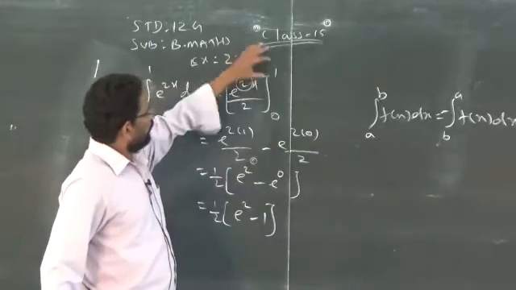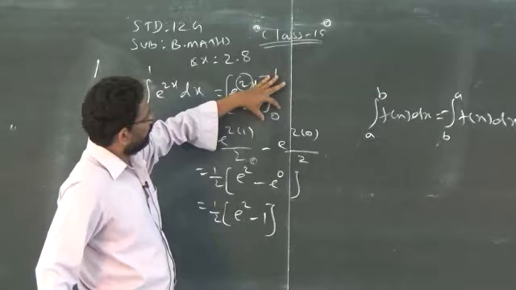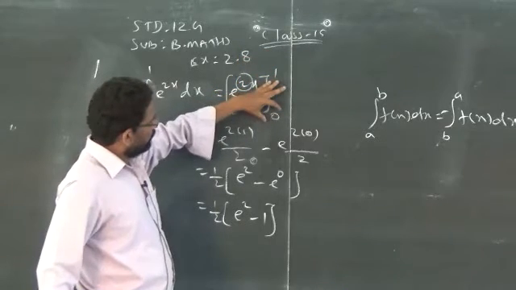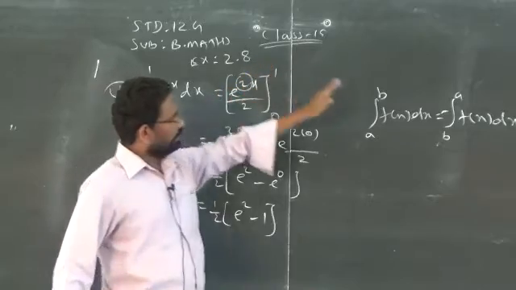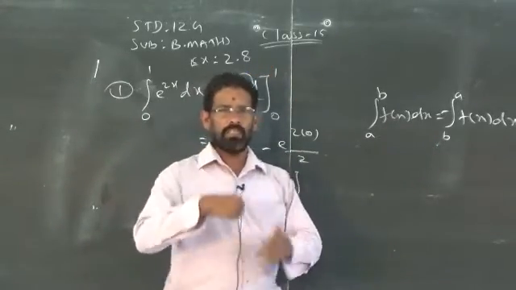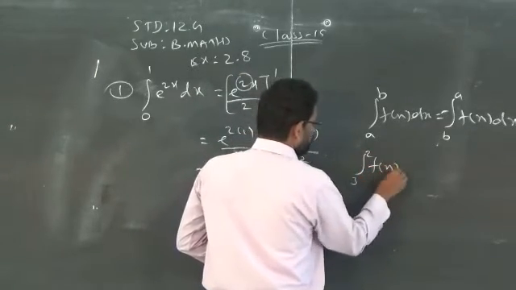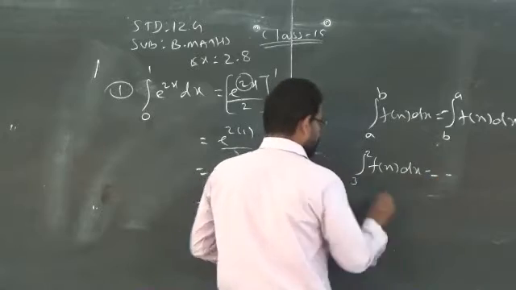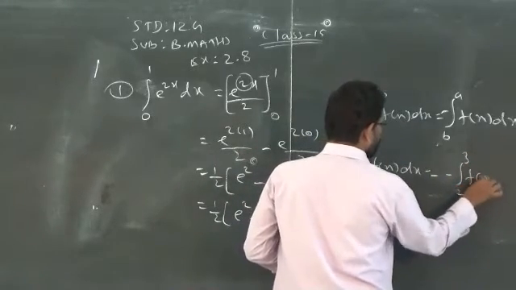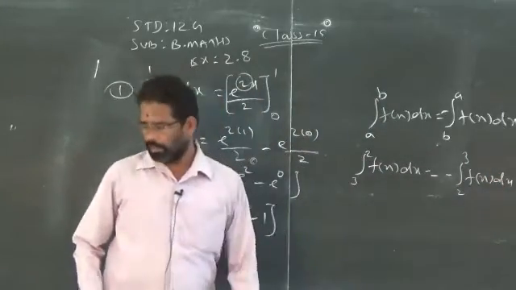For example, if it is given as 3 to 2, then change the sign and write 2 to 3 f of x into dx. So you can change and write, that's all, clear.